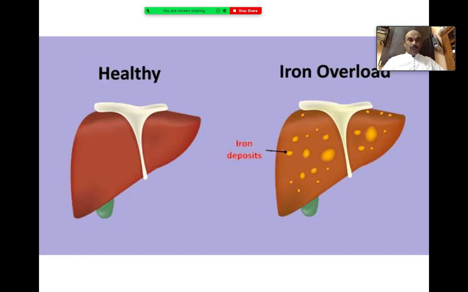Before we go to the topic, we look into some of the pictures here. This slide showing the normal liver in health and the liver with iron overload.